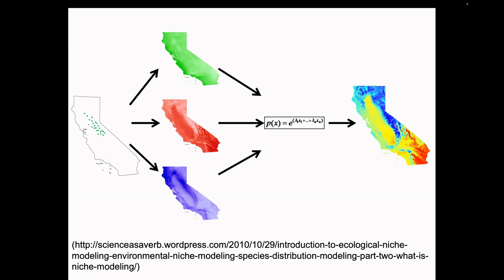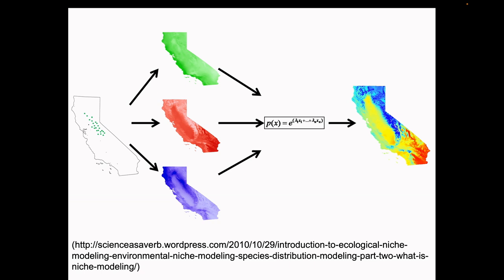Then it can take those environmental layers and apply those equations, or I should say that one integrated equation, to make overall predictions of habitat suitability across the entire landscape. So ecological niche modeling is an equation that can be turned into a map that predicts other areas of suitable habitat for the species beyond just those that you sampled at.